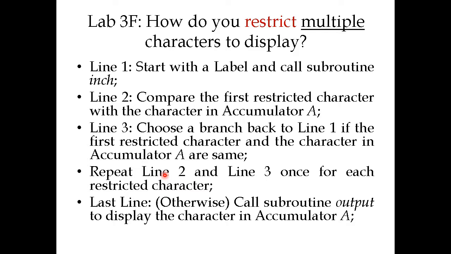And those characters are random characters, not in a range of characters. You know what I'm saying? It might be capital A or capital O or capital P, for example. And the last line is always just printing the output by calling the output subroutine. Because the last line means this: you block this character, and if you enter something else, then it will be displayed.